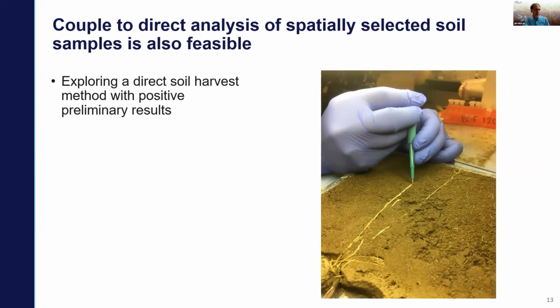Another thing that we're trying to develop is what I have up on the screen now. And we're hoping to couple this also with the 13C tracer work. What we've started doing is taking very small physical samples of the rhizosphere soil right up next to a root.